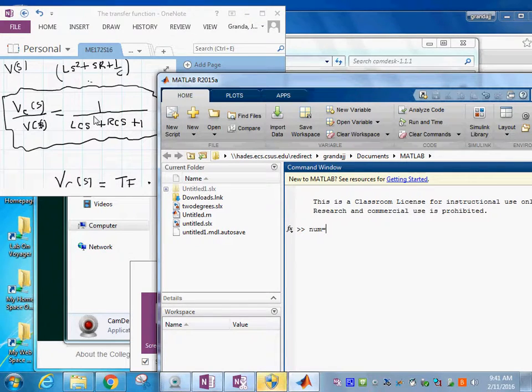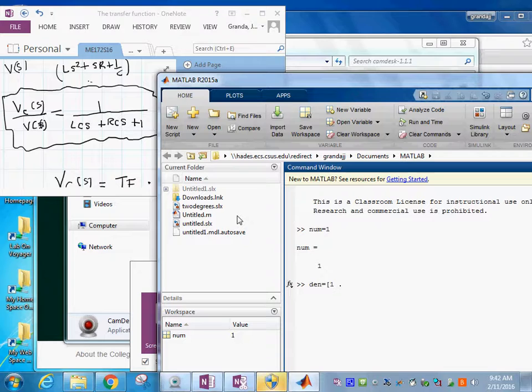And the denominator: you have that L is 1 and C is 1, so this is going to be a 1, like a polynomial we enter. R is 0.5 and C is 1, so this is 0.5. And then we have one more term, this 1 in here.